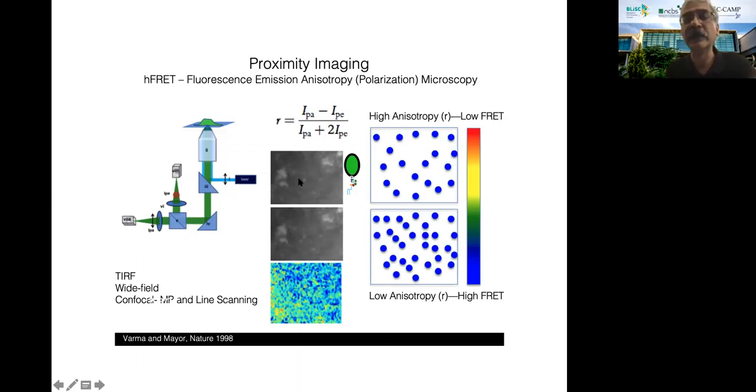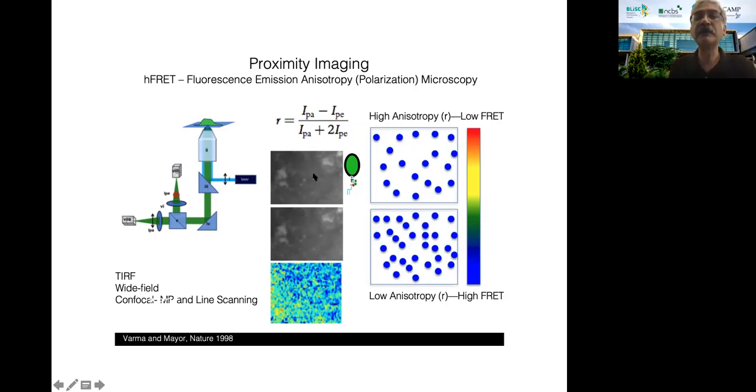Sorry, the tags are missing here, but the top one is perpendicular, the bottom one is parallel. And then by simply doing this arithmetic of I parallel minus I perpendicular upon I parallel plus 2 I perpendicular, you can get the anisotropy map of the fluorophores in a little patch of membrane.